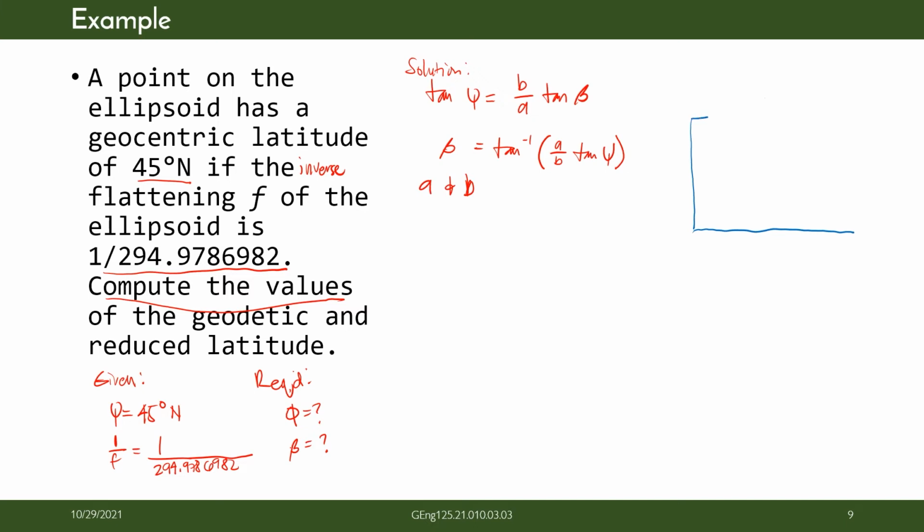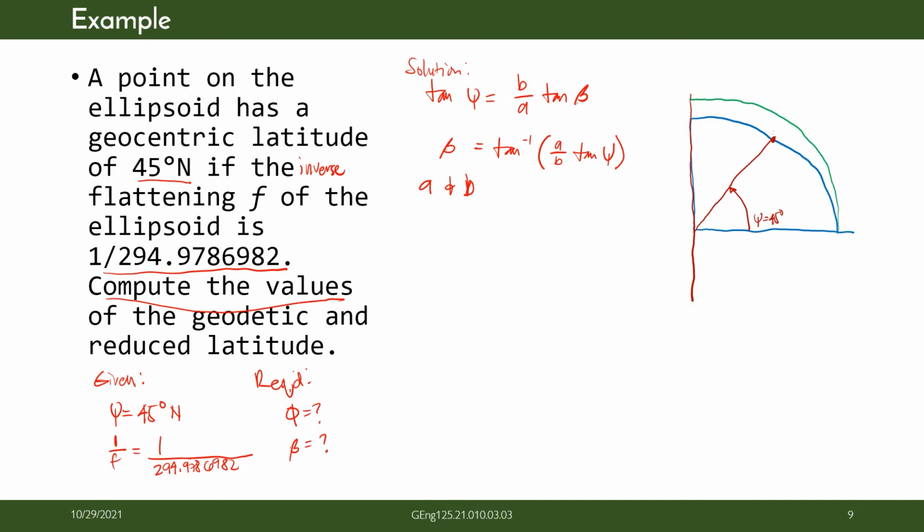Let's use another color. For example, this is the point, the geocentric one, which is 45 degrees.